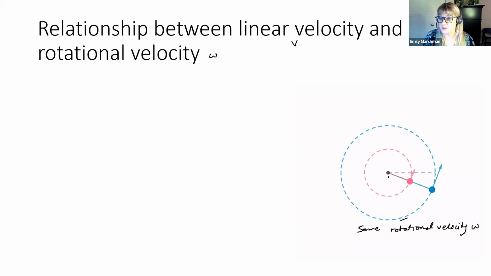So it depends upon the radius, how far you are from the center, r. And it's a direct relationship. The linear velocity v is equal to the radius r multiplied by the rotational velocity omega.